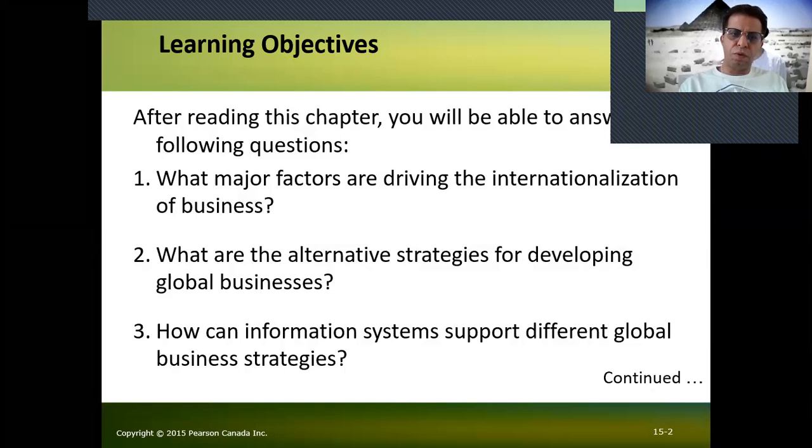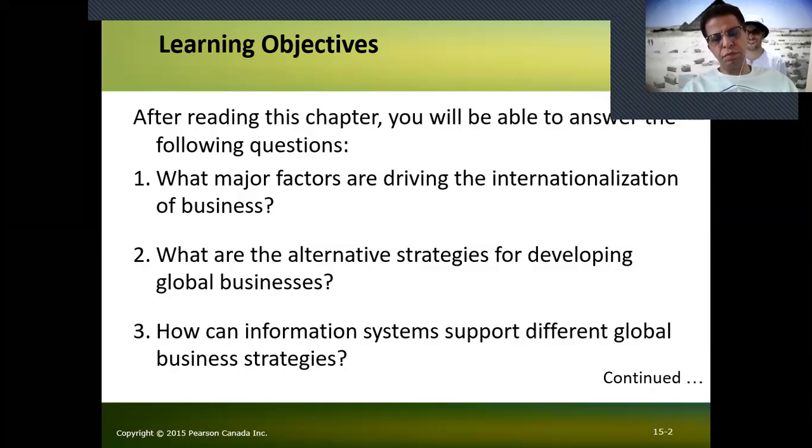During this chapter, we will learn what major factors are driving the internationalization of business. What are the alternative strategies for developing a global business? How can information systems support different global business strategies?